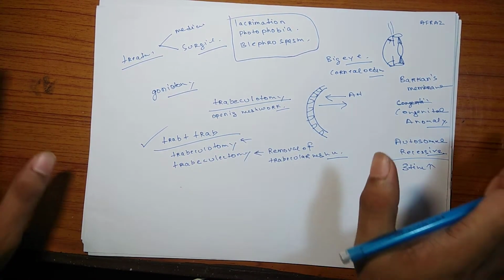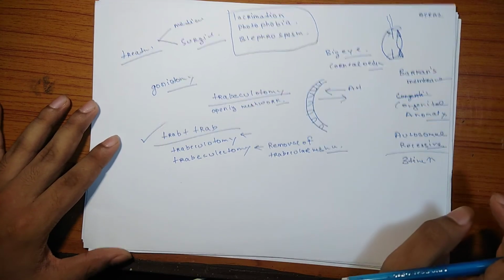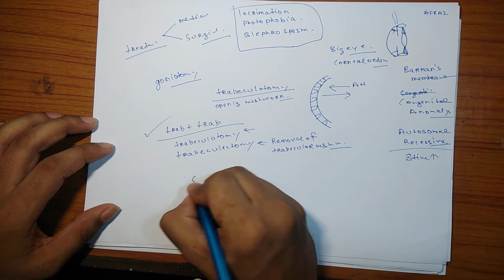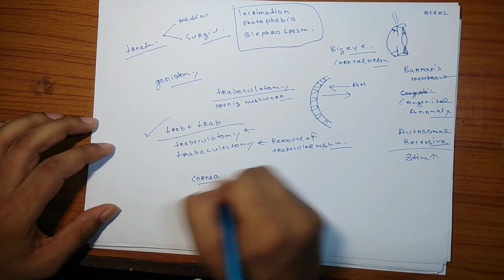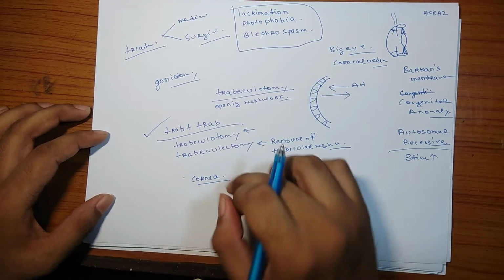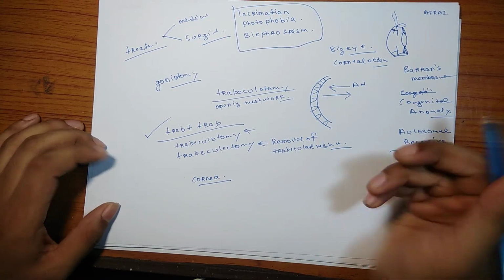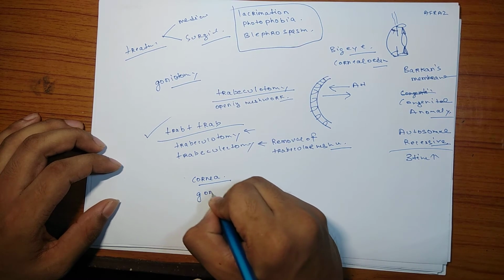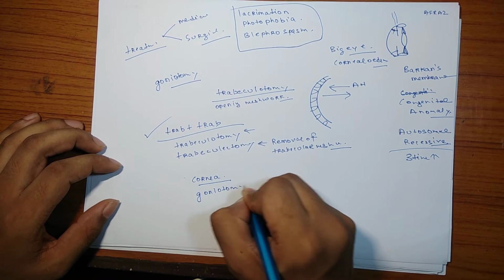Okay, so once this is done, how do you know what treatment should be used? If the cornea is clear, yes, the cornea can be clear in congenital glaucoma. If the cornea is clear, obviously no problem, we'll go for goniotomy.